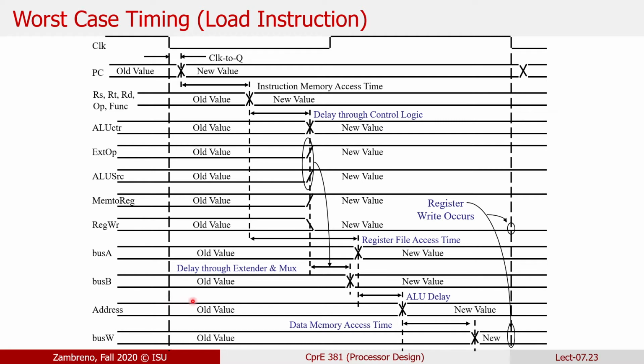There's some calculation happening in the ALU because it's always combinational logic, taking inputs, generating outputs. It would be old values or potentially garbage values being computed until all these other delays have been satisfied, and we finally have both the register input we need and the immediate sign extended input we need for the address calculation to be correct. This would have been a valid way to do our ModelSim simulation. We have enough challenges in our design without having to worry about timing glitches and things of that nature.